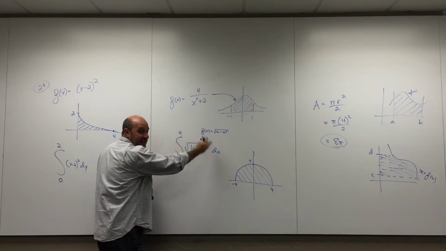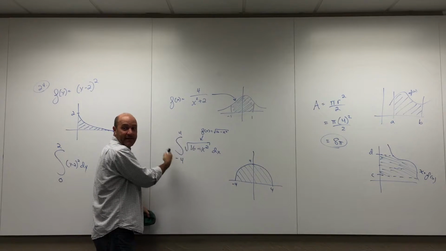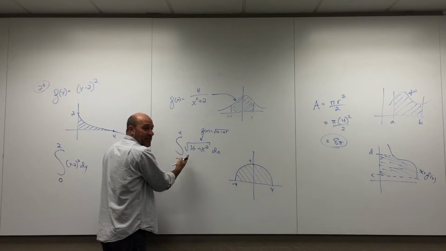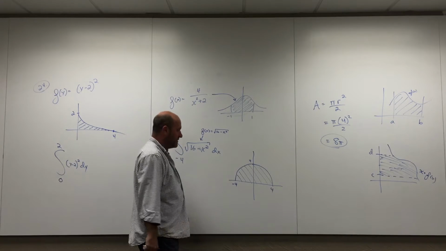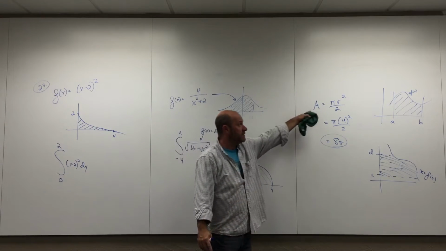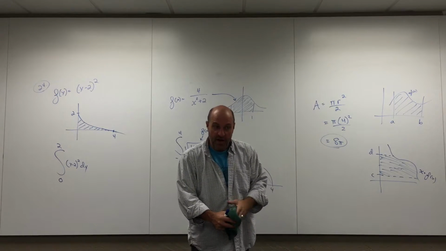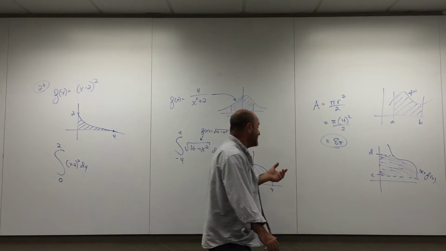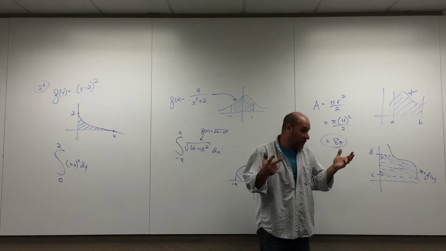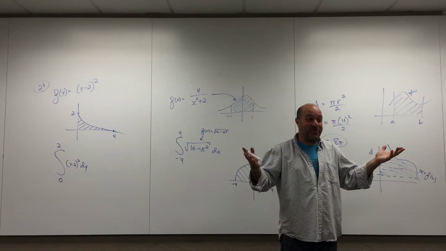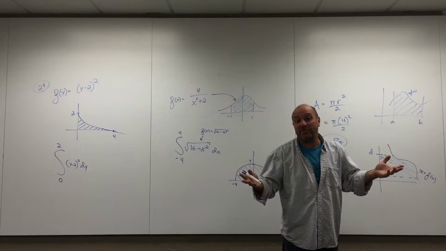But I can't teach you this calculus until chapter 8. This is hard to integrate. But it's a semicircle, radius 4. Geometry helps me get the answer. So I think you can do that when it's circles, semicircles, rectangles, triangles, maybe even trapezoids.